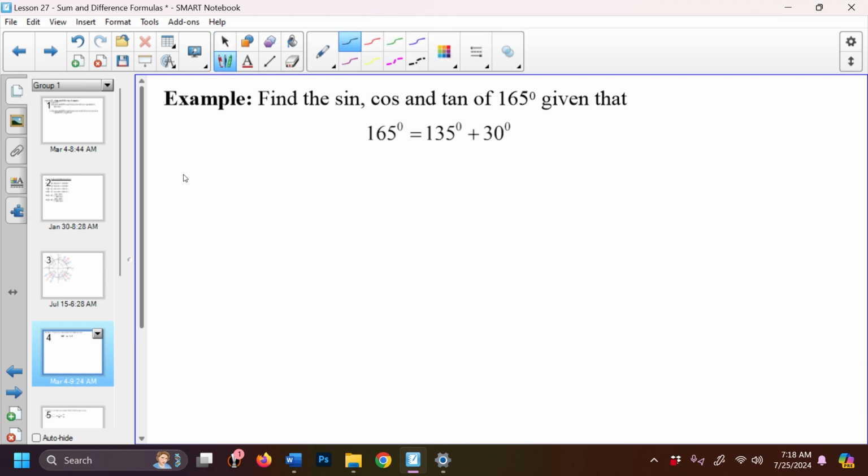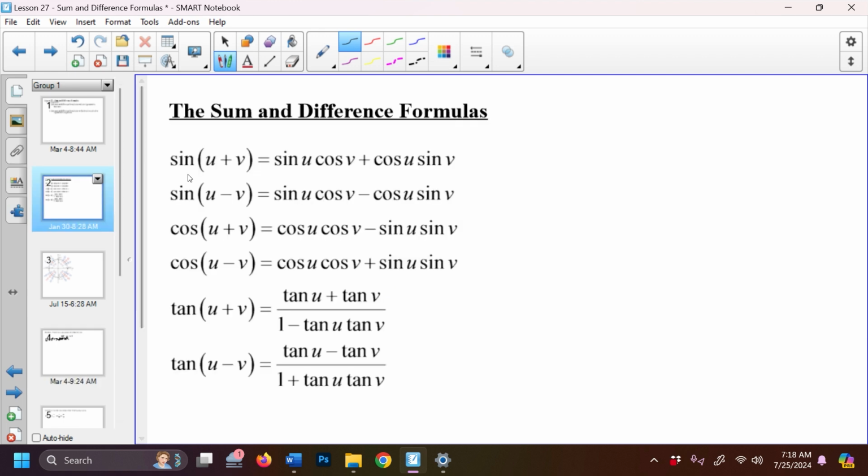So what I'm trying to do here is find the sine of 165 degrees, but I'm going to break that down into the sine of that sum, 135 degrees plus 30 degrees. Since this is an addition, if I go back up to my sum and difference formulas, since I have a sum, it's the sine of that first angle times the cosine of the second angle plus the cosine of the first angle times the sine of the second angle.